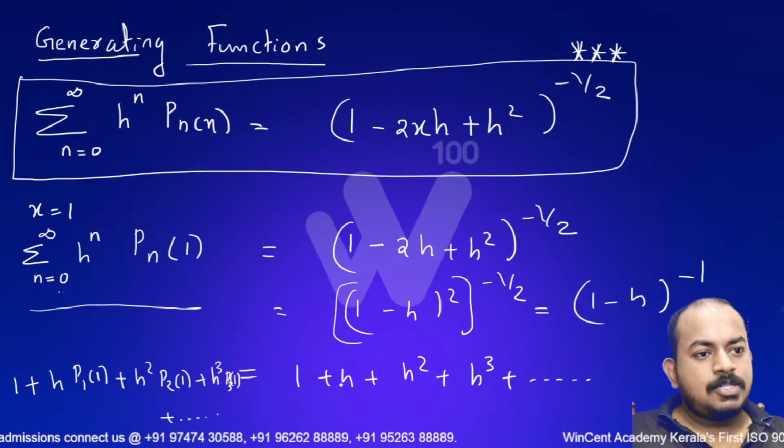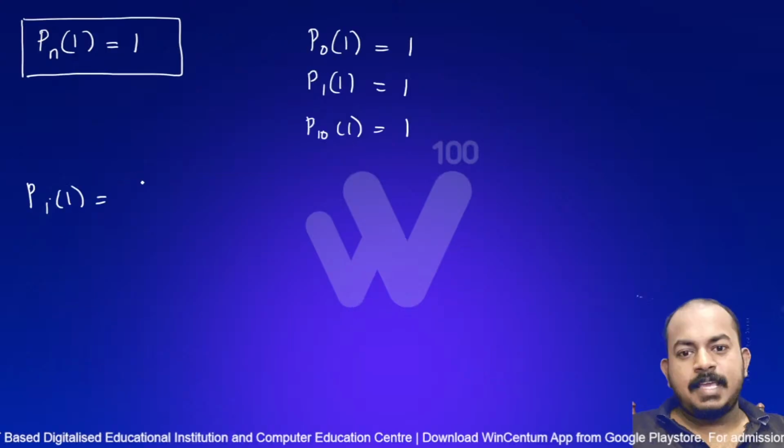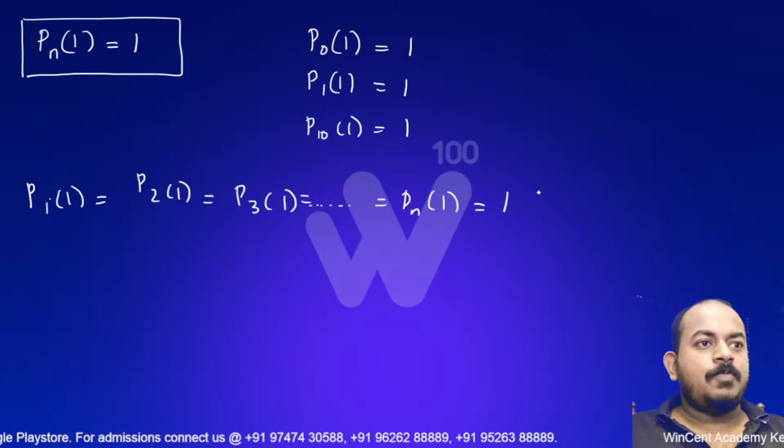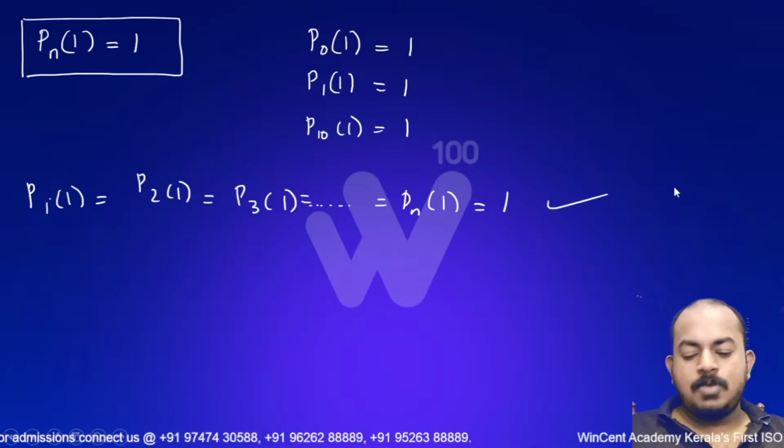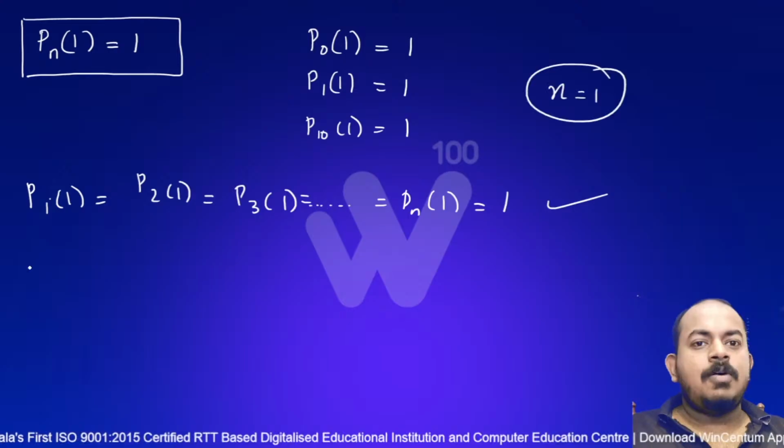So P1 of 1 equals P2 of 1 equals P3 of 1 equals etc. So we got Pn of 1 equals 1. This is an important property that we just need to learn, and this is for x equal to 1.